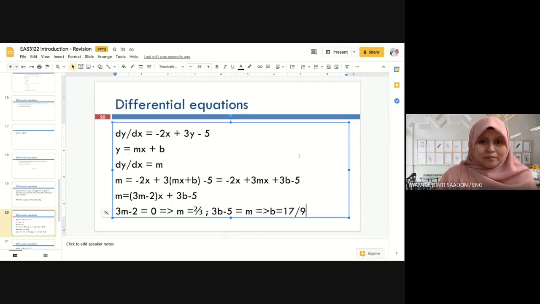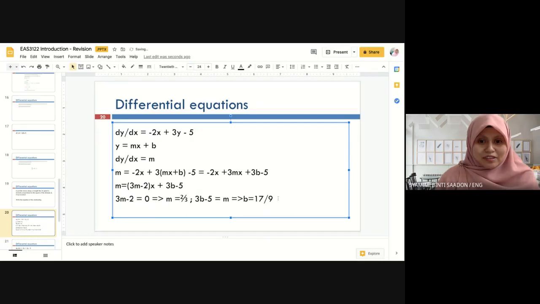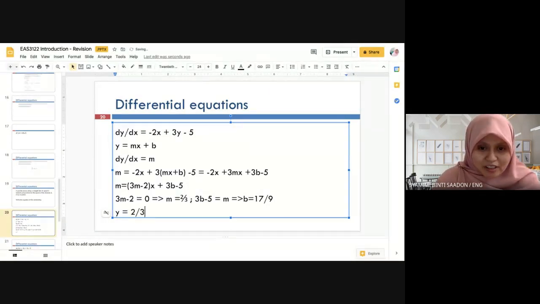So y equals to 2 over 3 x plus 17 over 9. Okay, it is one type of solution for this differential equation. So if we substitute this y here, we will solve this equation.